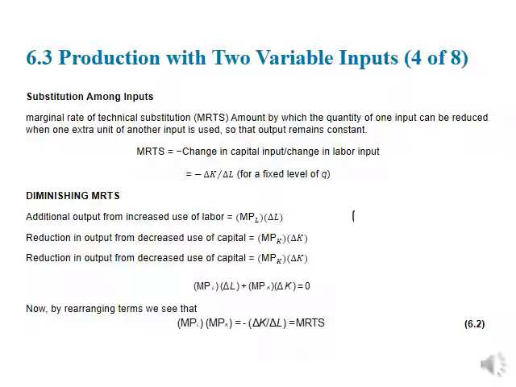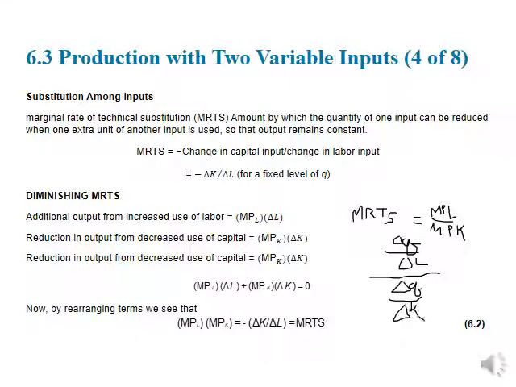marginal rate of technical substitution is just the marginal product of labor over the marginal product of capital. And I'll formalize that out real quick. So delta Q over delta L over delta Q over delta K. The delta Q's drop out.